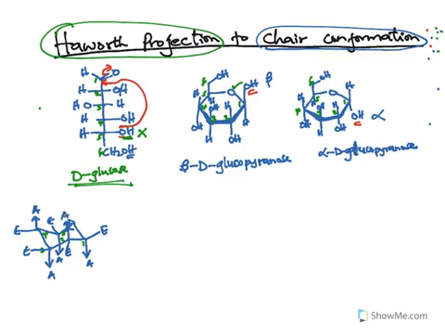Okay, so if you want to transform a linear glucose into the chair conformation, we can first of all do it from linear glucose to the Haworth projection, and then we directly transform that into the chair conformation.